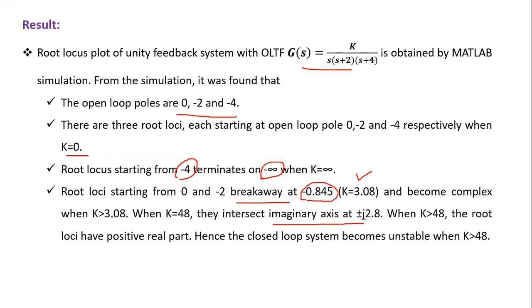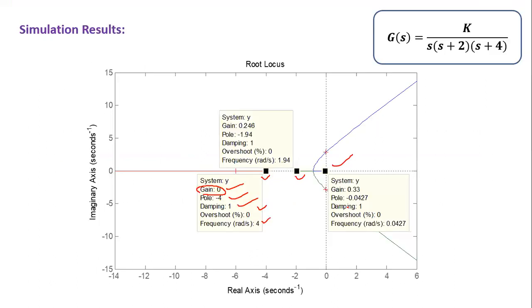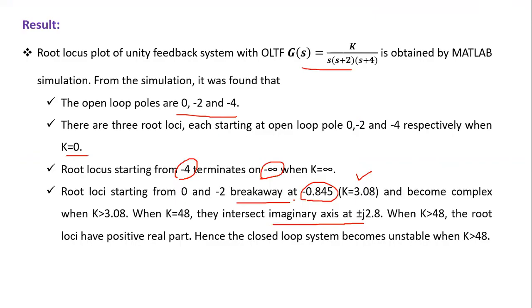So if we increase the K value beyond 48, it will enter the right half of the S-plane and the system will be unstable. Up to the imaginary axis the system will be stable; on the imaginary axis it is marginally stable. If it enters the right half of the S-plane, the system will be unstable. So that depends upon the K value. By changing the K value, we can design our systems.